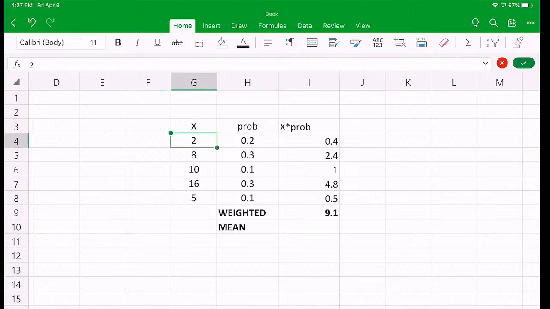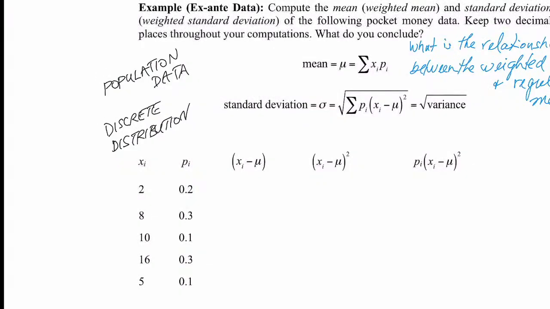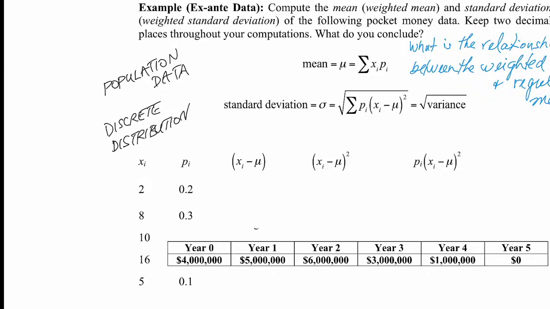Let's take this with me. I don't know if it's going to fit nicely. I can make it bigger. Let's put it here. Actually, I just need that. Oh, that's old.